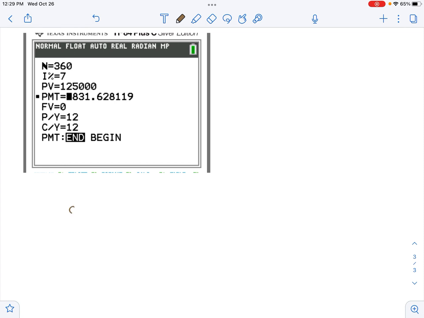So hopefully you're thinking, oh, I just multiply the $831.63 that I am going to pay per month by the 30 years, actually the 360 payments that I'm going to make. Sorry, I'm also calculating this over here.